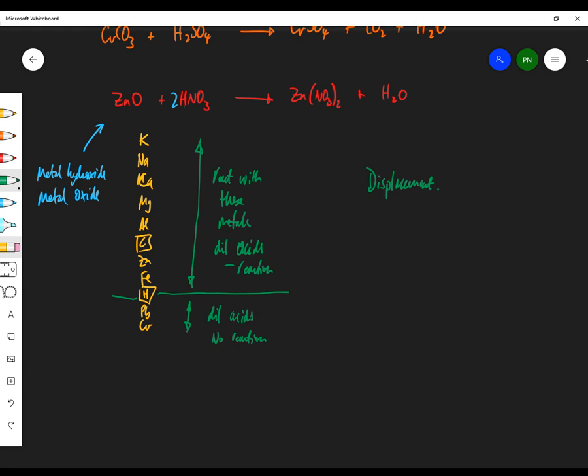If the metal is above hydrogen in the reactivity series, it will displace the hydrogen. So it's a type of displacement reaction. But if hydrogen is above the metal, for example, in lead and copper metal, there will be no displacement. So the metals, not the oxides or the carbonates, the metals themselves will only react if they are above hydrogen in the reactivity series. That's this one done.